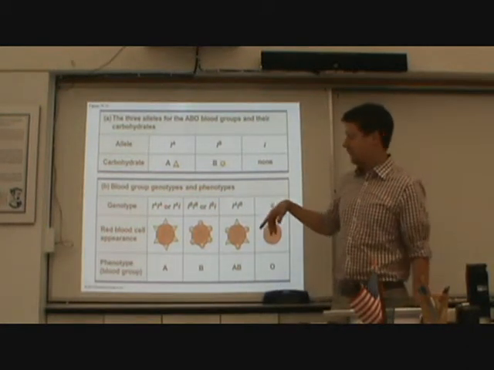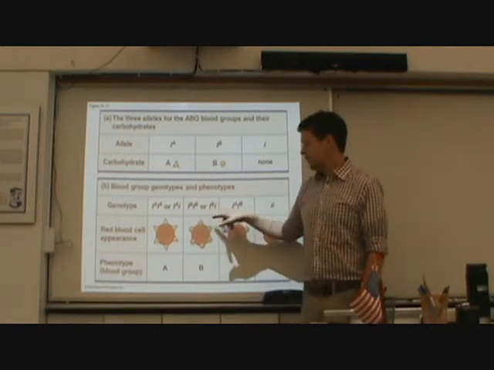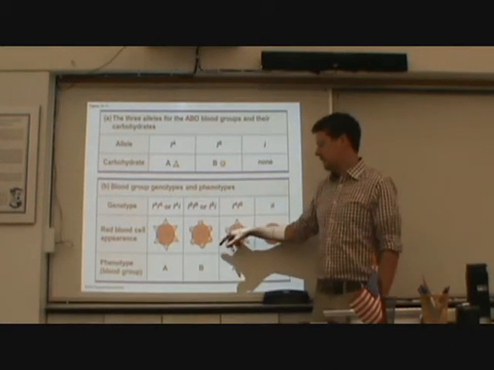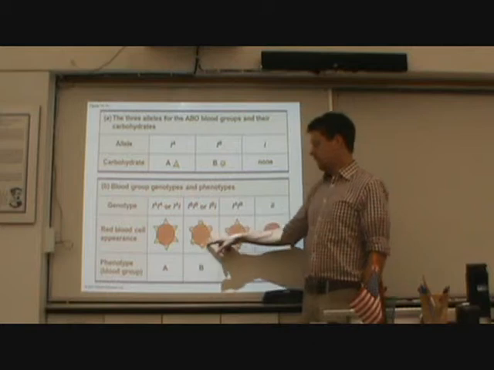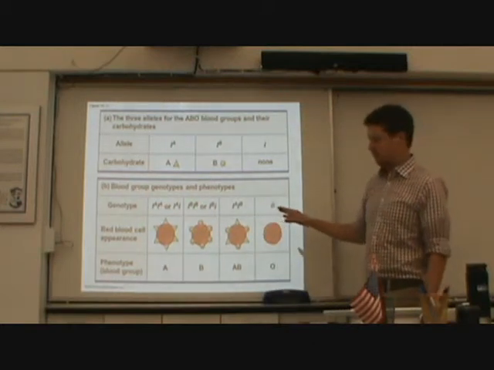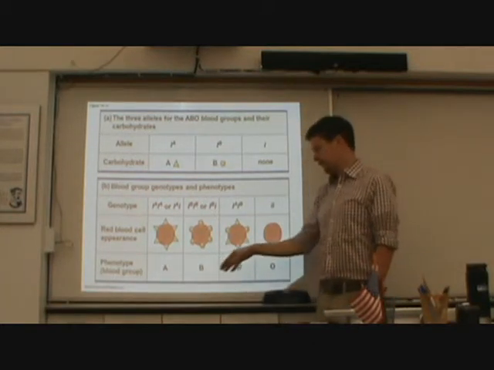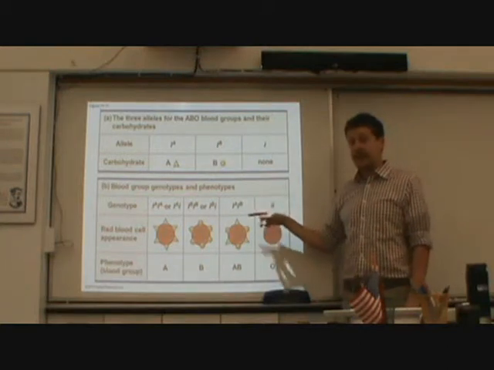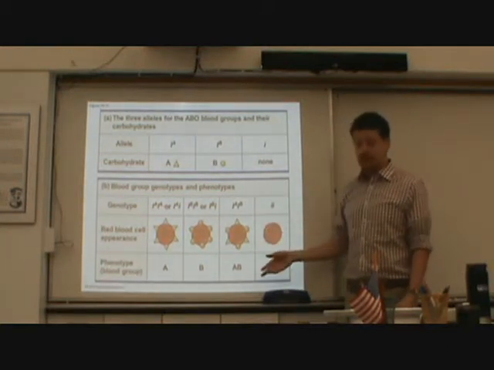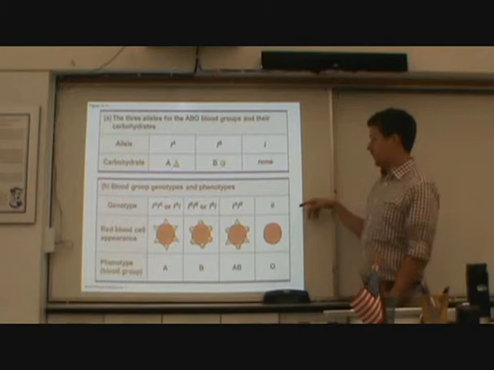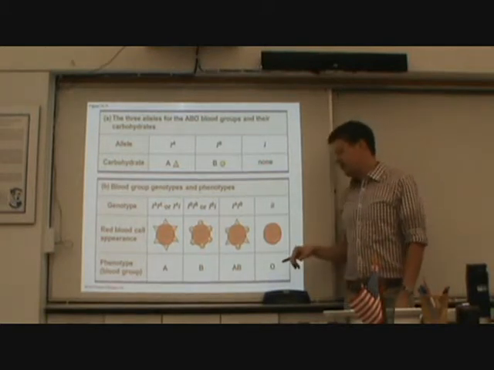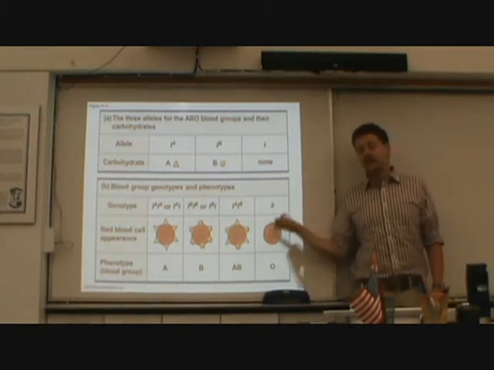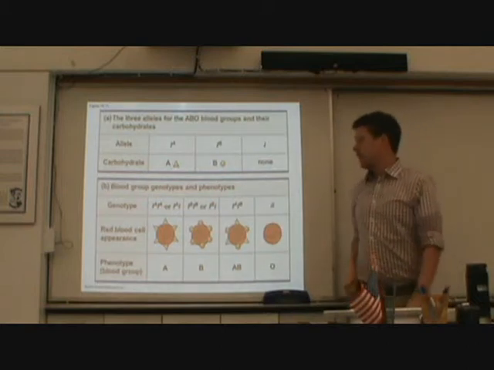If you're homozygous for IB or have IB and little i, then you're going to have the B carbohydrate on the outside of your blood cell, and you'll be blood group B. If you have both IA and IB, then you'll be AB. Or if you have both little i, then you become O because you don't have either of those carbohydrates on the outside.